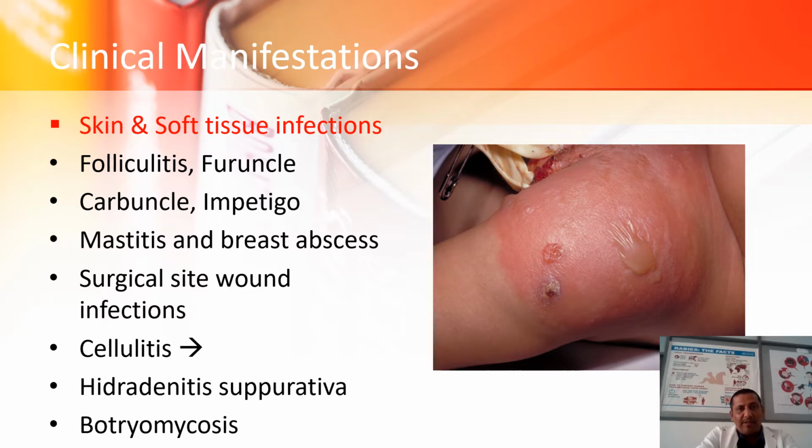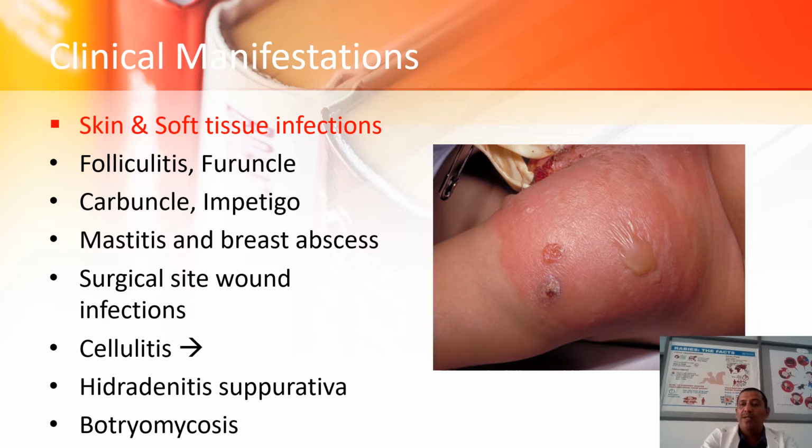Now, what are the infections caused by Staphylococcus aureus? It causes a variety of infections. Mainly, we divide it into injury by invasion and by its toxins. So toxin mediated injury is different, and injury caused by invasion is different.